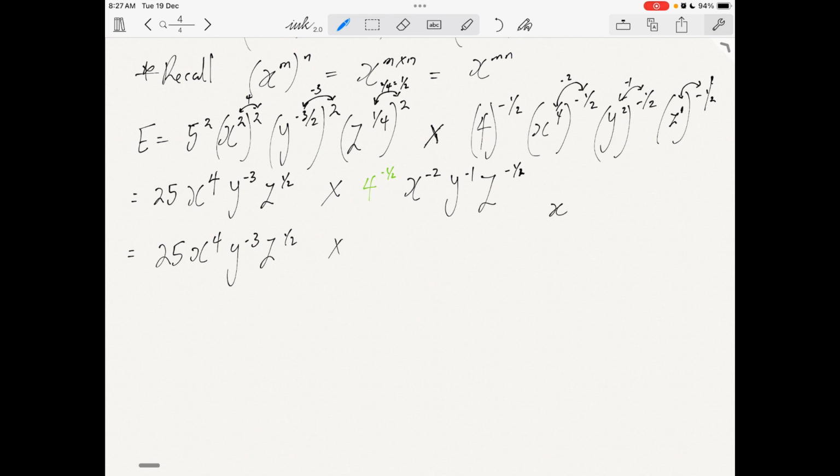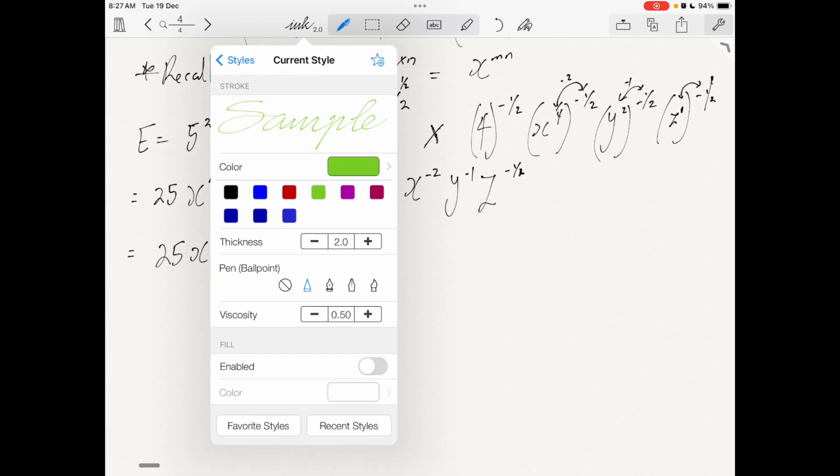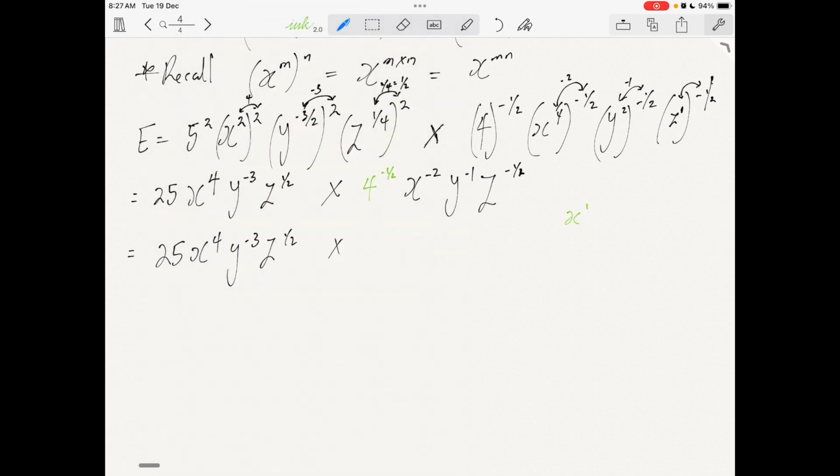x raised to the power 1 over m is equal to the m-th root of x, and also that x raised to the power minus m is equal to 1 over x raised to the power m.